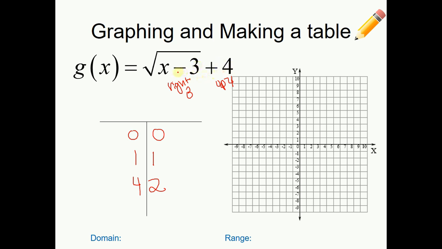So if it says a negative, it meant it went right, and then up 4 on the outside. So I'm going to fix my table to match that. I've got to go right 3. I've got to add 3 to my x values and add 4 to my y values. So that looks like my table will be, x, y: 3, 4, then 4, 5, and 7, 6.